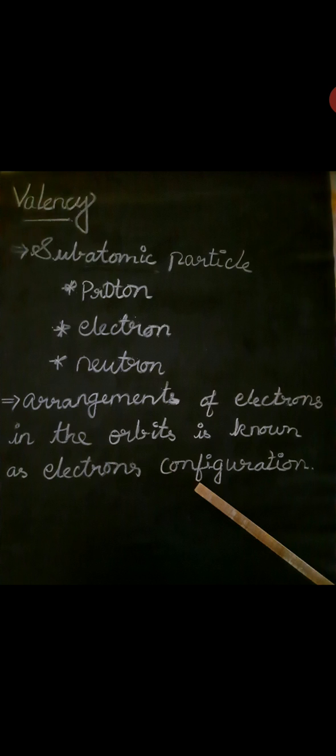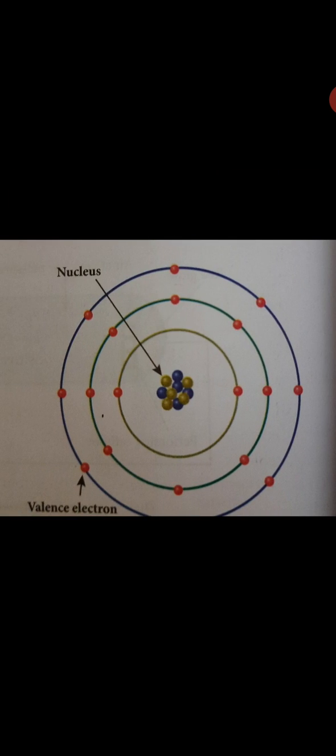What is electronic configuration? The arrangement of electrons in the orbits is known as the electronic configuration. The atoms of all the elements tend to have a stable electronic configuration, that is, either 2 electrons, known as a duplet, or 8 electrons, known as an octet, in the outermost orbit.